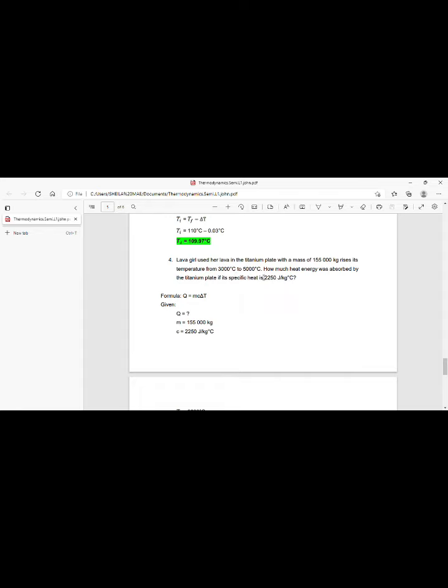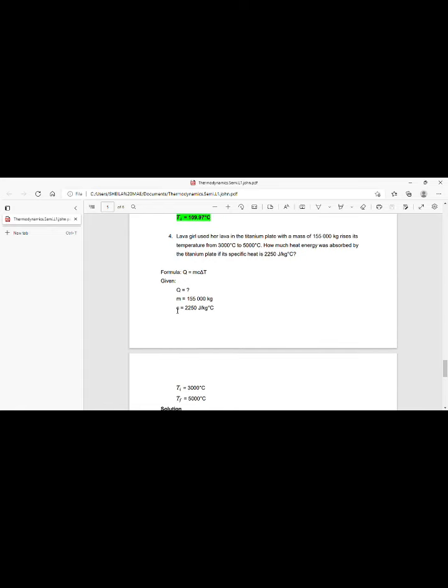How much heat energy was absorbed by the titanium plate if its specific heat is 2250 joules per kilogram degree Celsius? Our formula here is the heat energy is equal to mass times specific heat times delta T. The missing here is the heat energy.